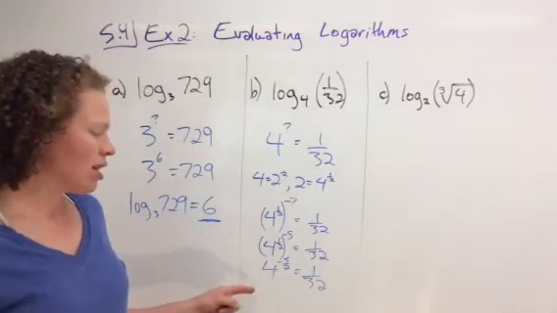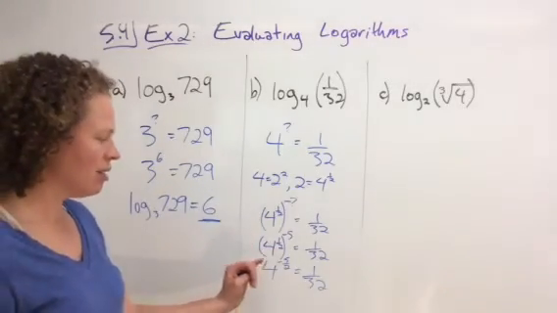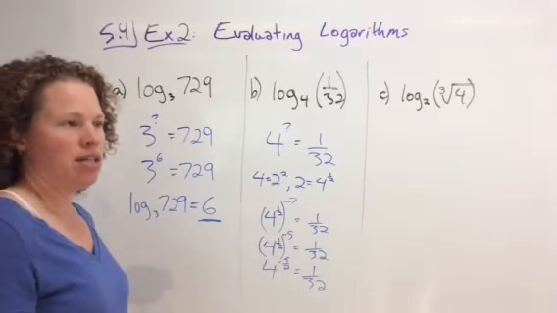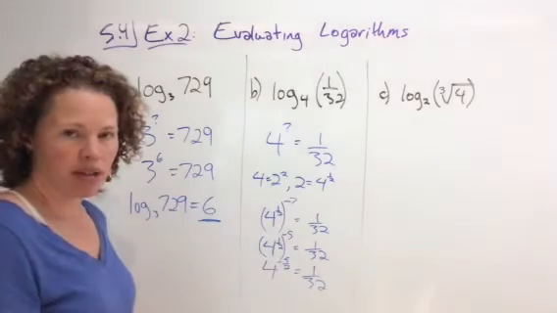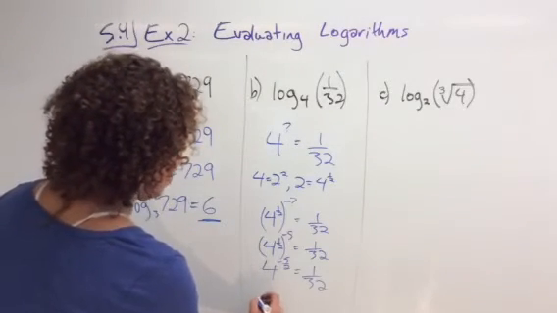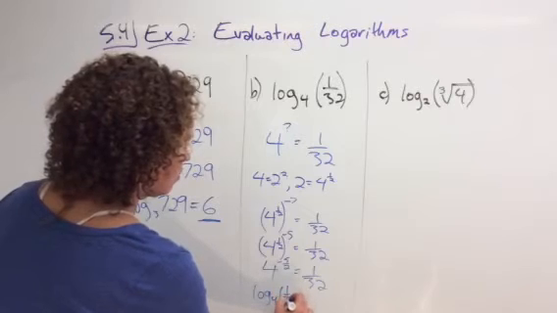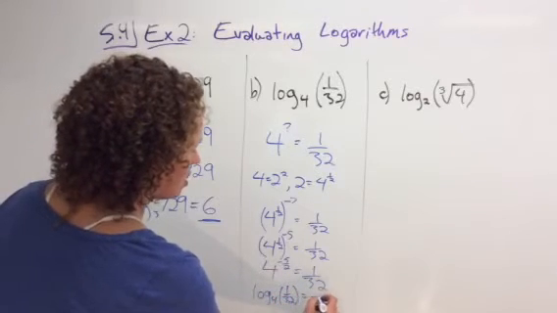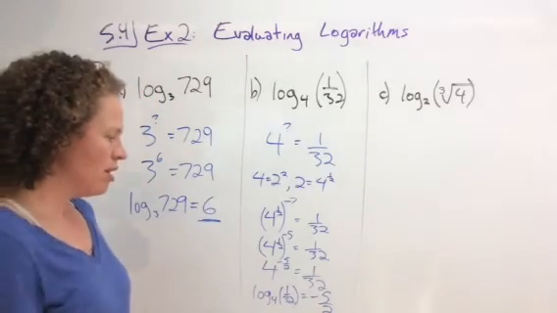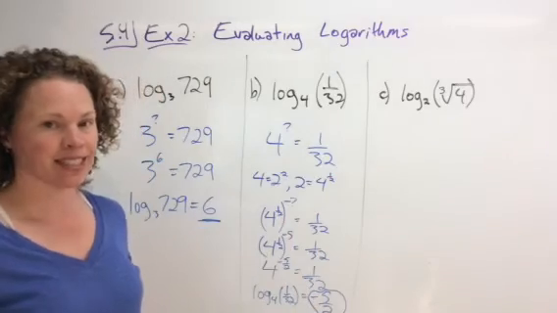Now, I could check that in my calculator by typing in 4 to the power of bracket, negative 5 over 2, close bracket, equals, and seeing if that equals the same thing as 1 divided by 32. But the fact of the matter is, log base 4 of 1 over 32 equals negative 5 over 2. So this is my answer. The exponent is the answer.